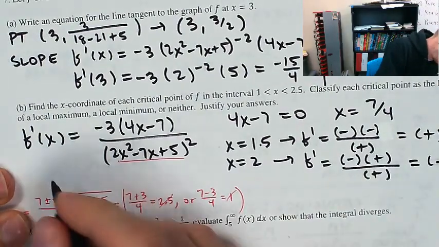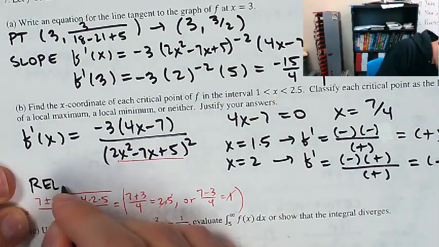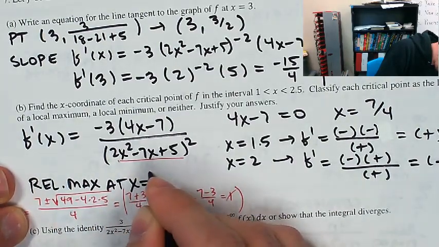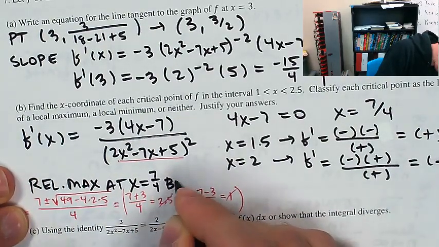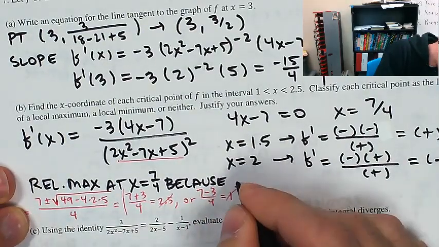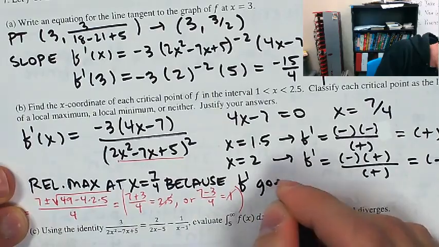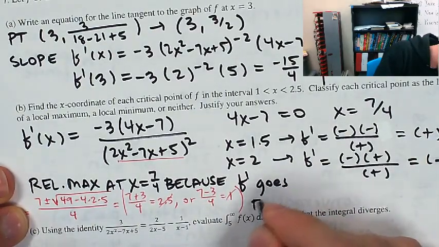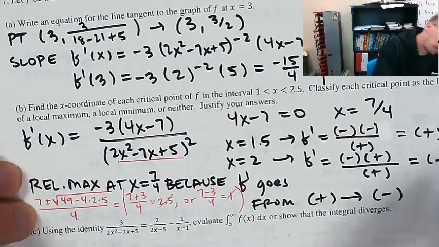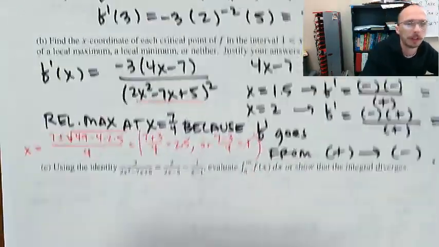Okay, there's a maximum at 7/4 because f prime goes from positive to negative. Okay, there's a sign change.